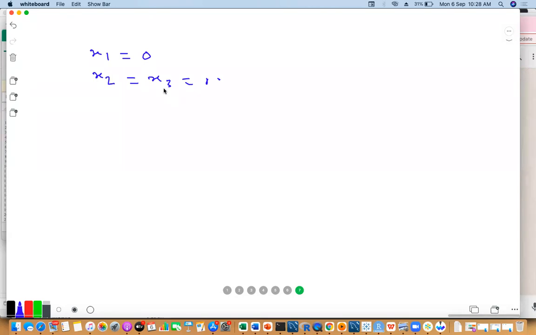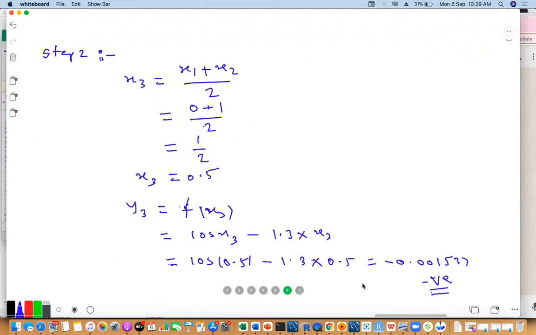So just this value is not minus 0.00153. Sorry, this value is equal to 0.2275.